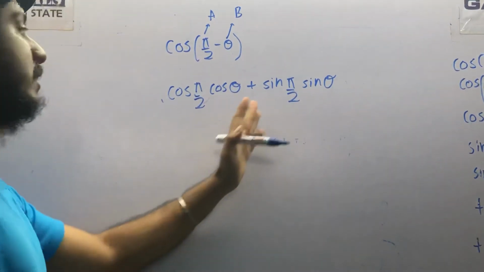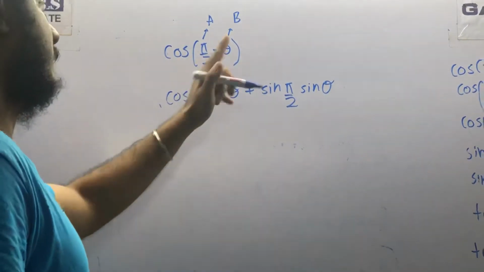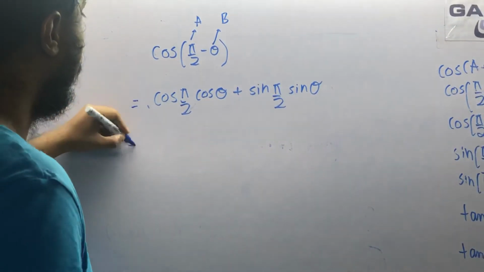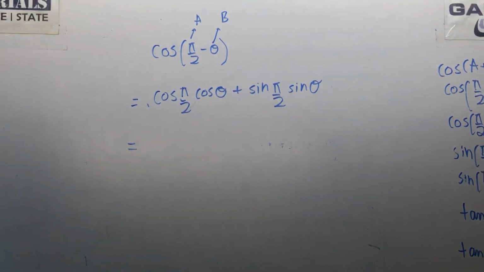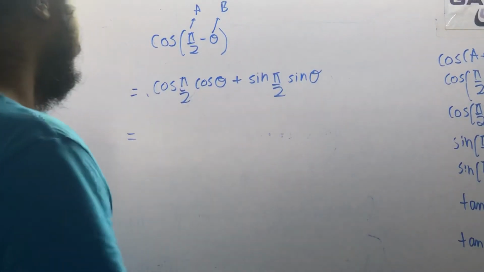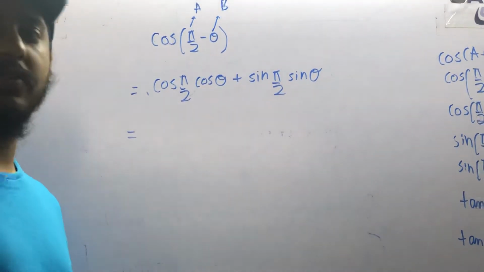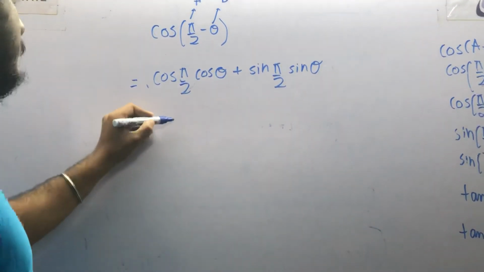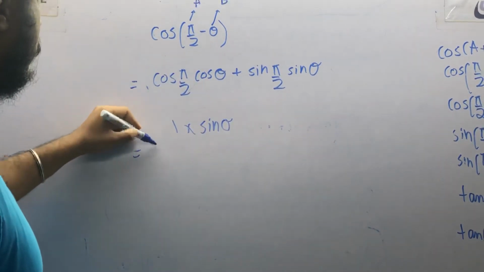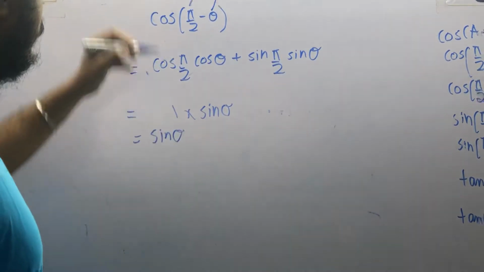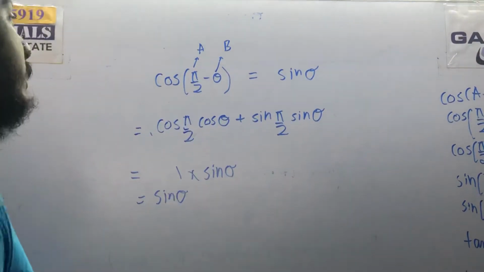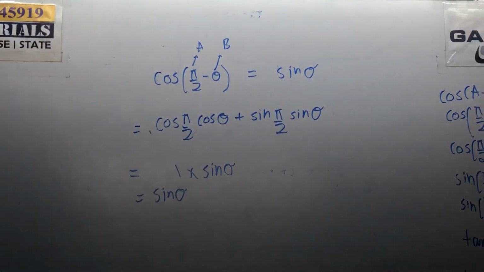Cos(A minus B) is cos A cos B plus sin A sin B. So cos pi by 2 is how much? 0. So 0 into anything is 0, so you don't need to write anything. Sin pi by 2 is how much? 1. Into 1 into sin theta is sin theta. So this is your third identity. Cos(pi by 2 minus theta) is sin theta.